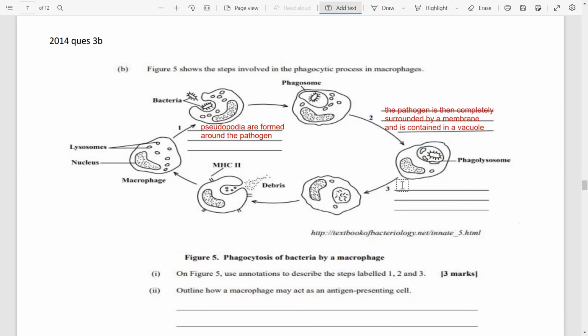And then when you get to the phagolysosome now, that's when the lysosome fuses with the phagosome. And then it will release its digestive enzymes.